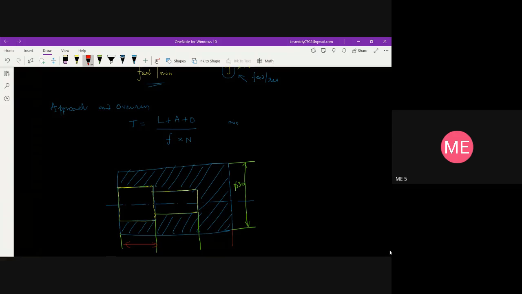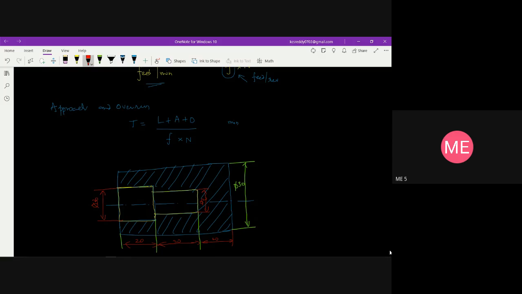One is 20. Of course, all dimensions are in mm. Then 20. Then this diameter is going to be 20, and this small diameter is going to be 30. You can take it as this is 30 and this is going to be 20. Okay, so this is the component which is given.